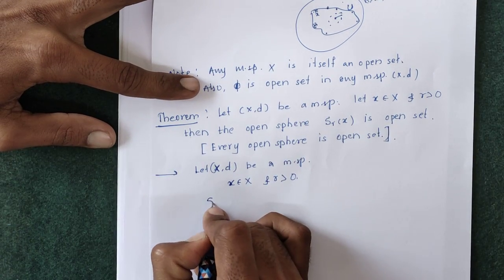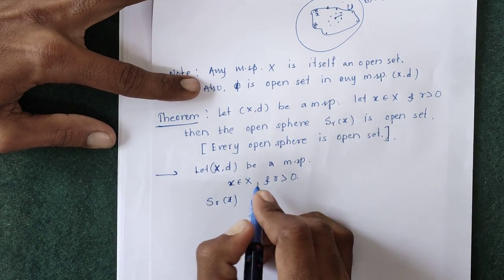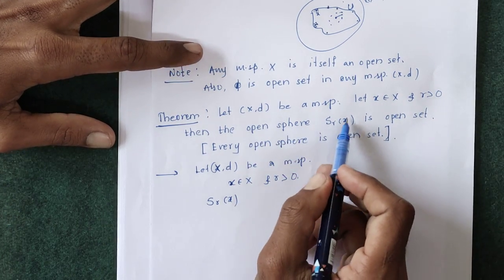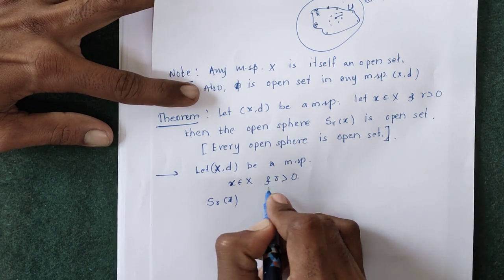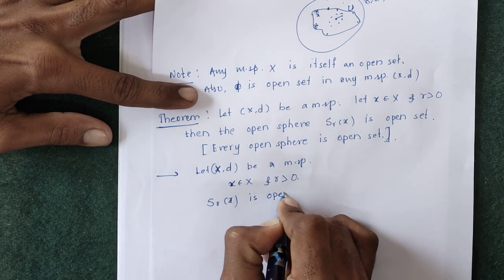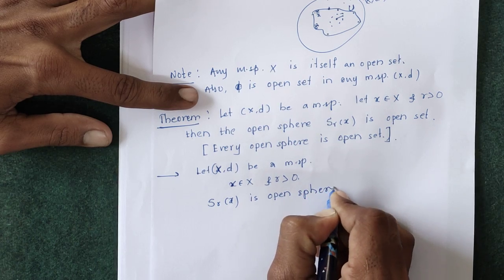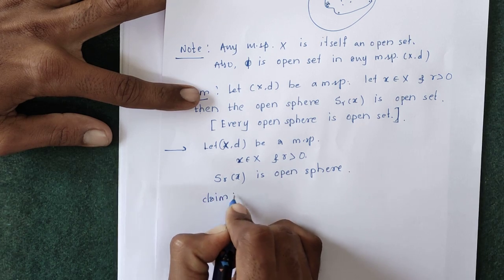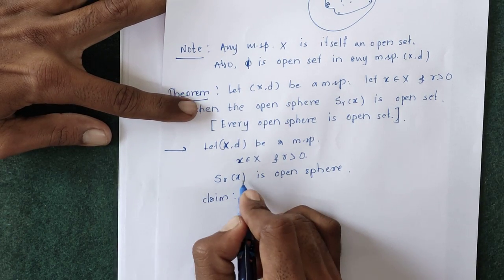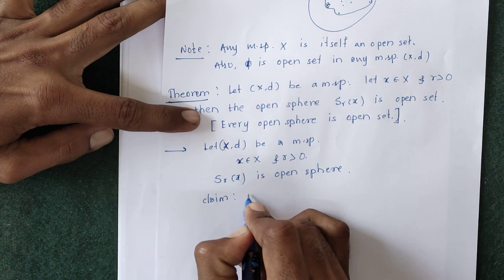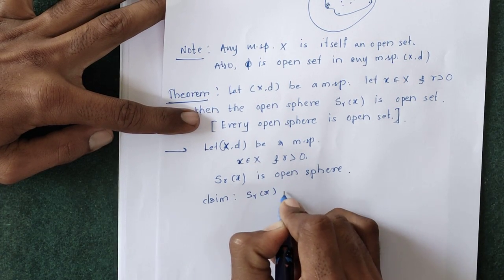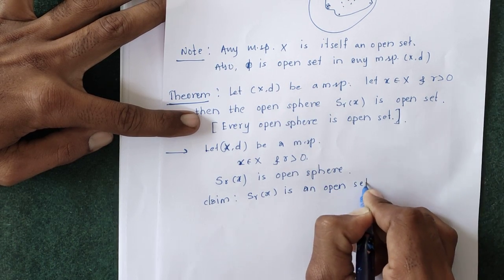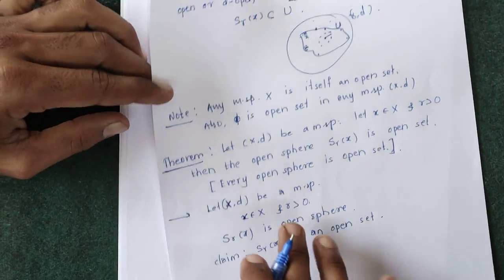We are given that S_r(x) is an open sphere, and we have to prove that this S_r(x) is an open set. Our claim is that S_r(x) is an open set.